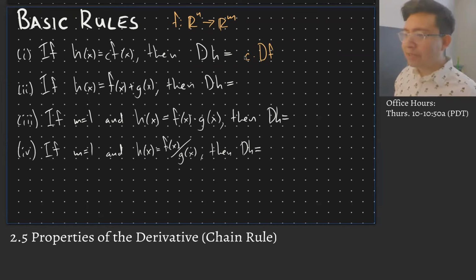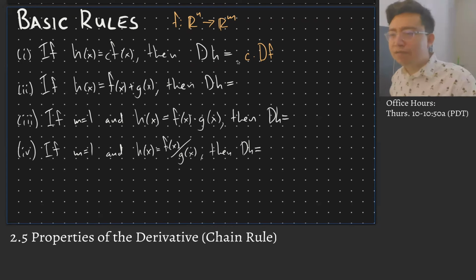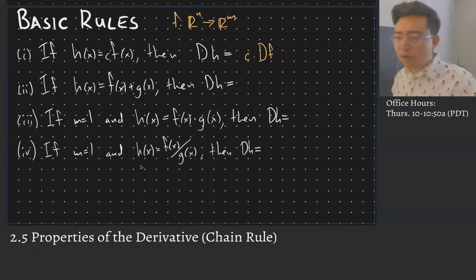Basically, this says we can move scalars outside of this D operator. You might be thinking, this is a big matrix thing, why do I care? But if you look at what this says about individual partial derivatives, it says that individual partial derivatives also behave this way: you can pull out scalar multiples. And that's what all of these properties are saying.